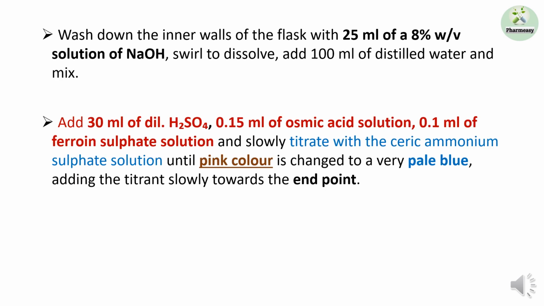Add 30 milliliters of dilute sulfuric acid, 0.15 milliliter of osmic acid solution, and 0.1 milliliter of ferroin sulfate solution and slowly titrate with the ceric ammonium sulfate solution until pink color is changed to a very pale blue, adding the titrant slowly towards the end point. Note that each ml of 0.1 molar ceric ammonium sulfate.